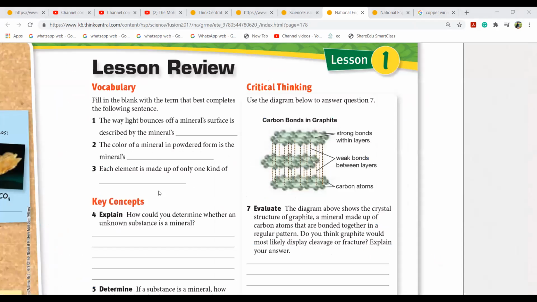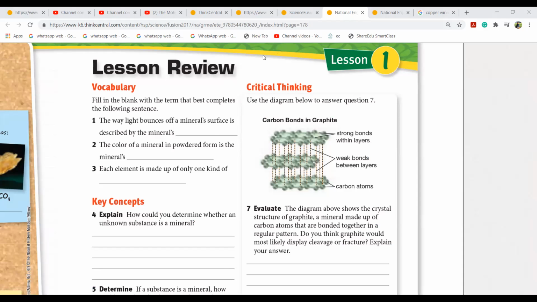And each element is made up of only one kind of, what is an element made of? Before element, what did I explain to you? One small circle, what is it called?